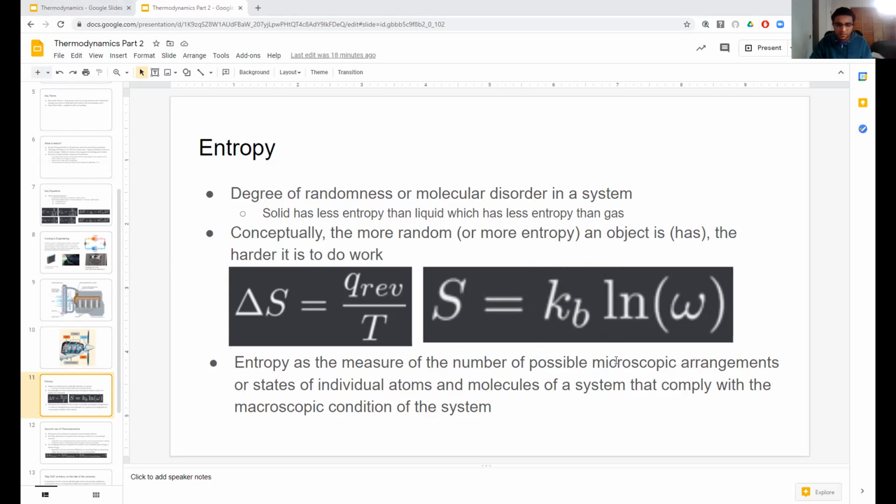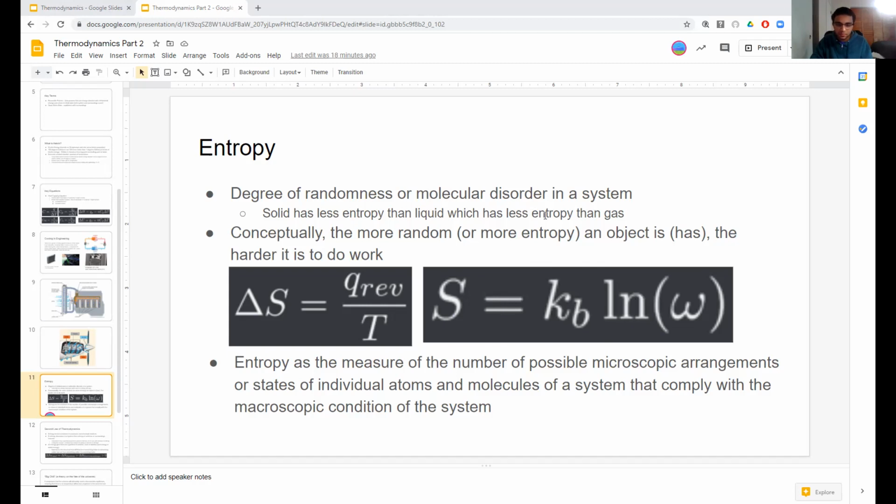So entropy has a lot to do with randomness and molecular disorder. Going from this idea of heat over temperature to that idea is basically Boltzmann's contribution. The idea is that you have a lot of different random configurations, and there are very few configurations with order and stability.